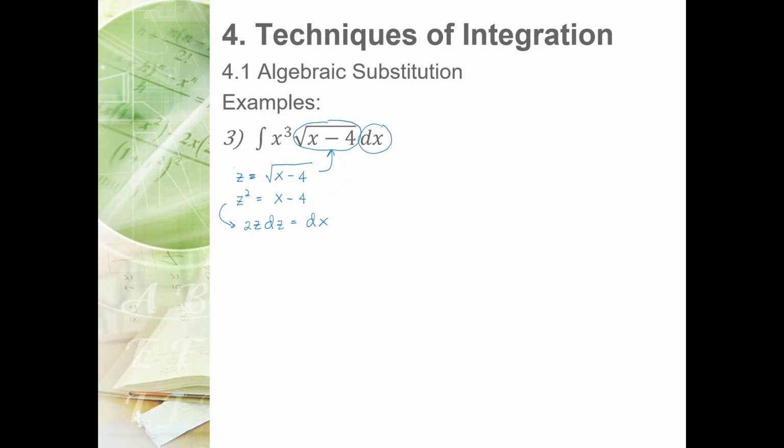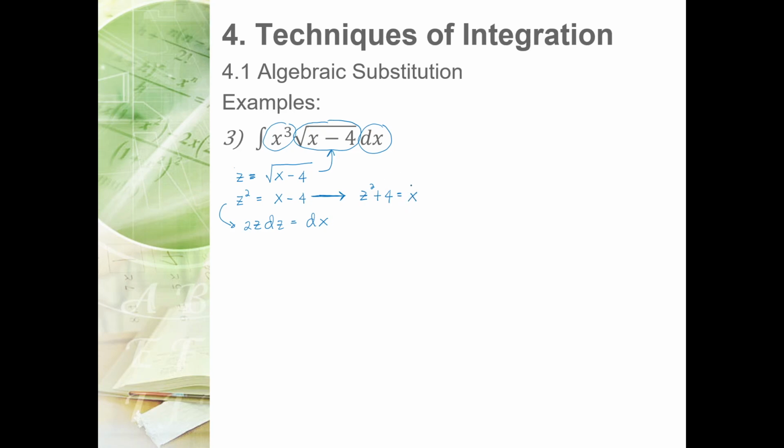So notice that we have an x cubed here, an extra x cubed variable, and that needs to be replaced. So where do we get the x cubed? Notice that in the second line, we can isolate the x first. So this becomes z squared plus 4 is equal to x.